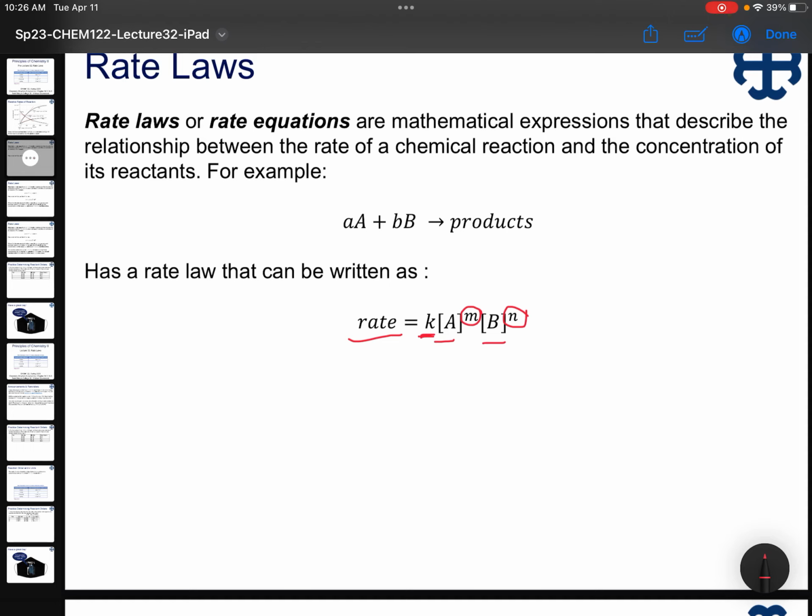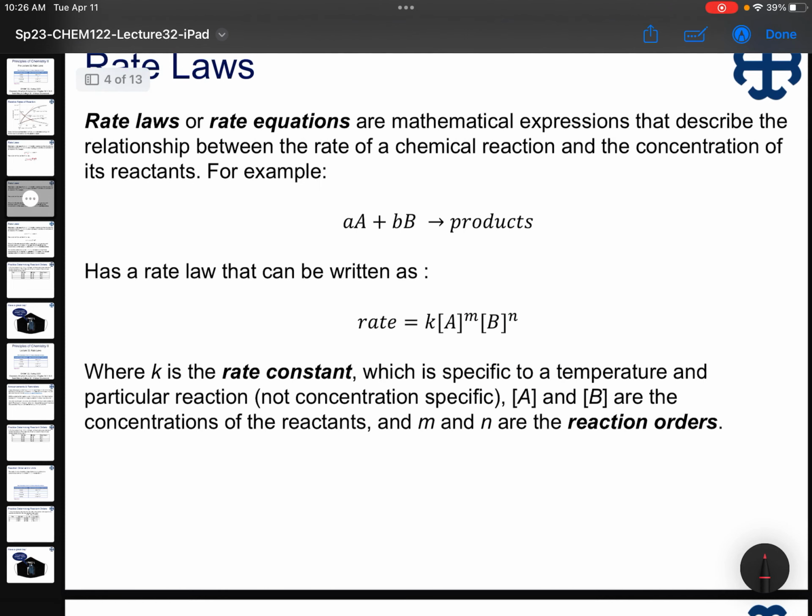And the key thing here is that m and n are not necessarily equal to the coefficients of A and B. So we can't, from the stoichiometry alone, determine what our superscripts, our exponents, are going to be. And so again, k is going to be our rate constant. This is going to be temperature dependent and not concentration specific.